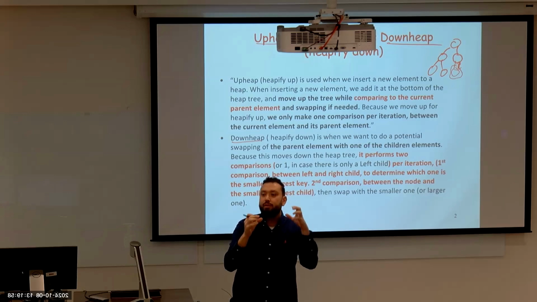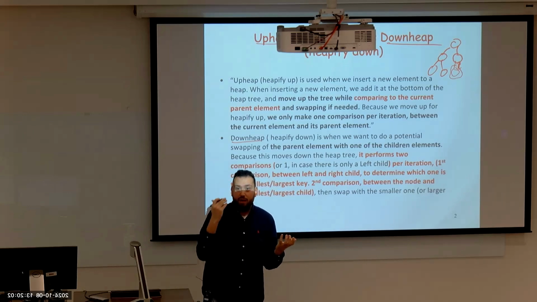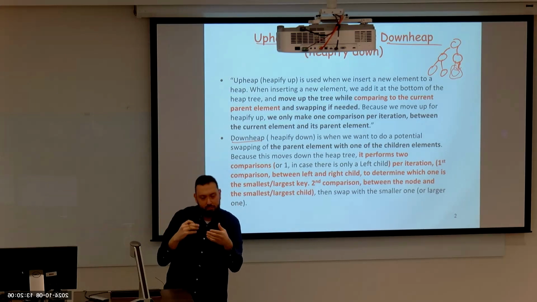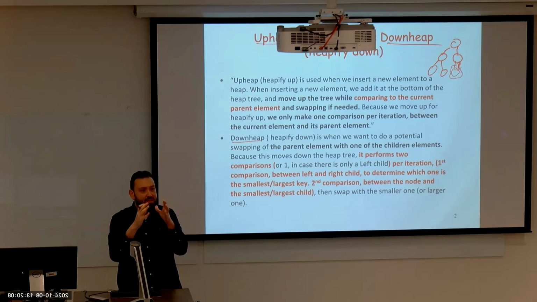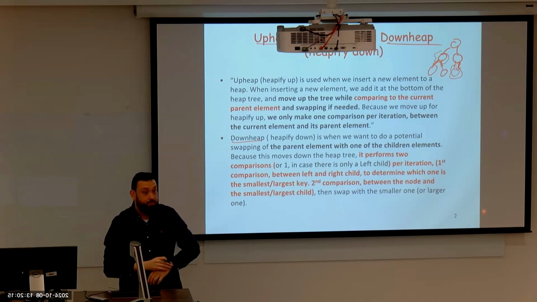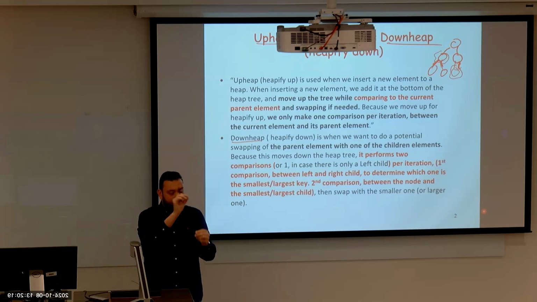So how many comparisons do I need to do in this case? 2. Why 2? Because each parent will have 2 children at most. So sometimes you're going to do only one comparison, but you can have up to 2 comparisons. Why do you want to compare? Because you want to choose the minimum or the maximum.